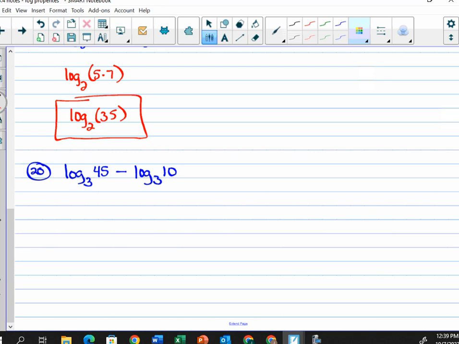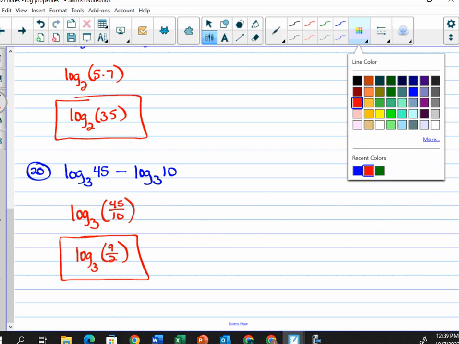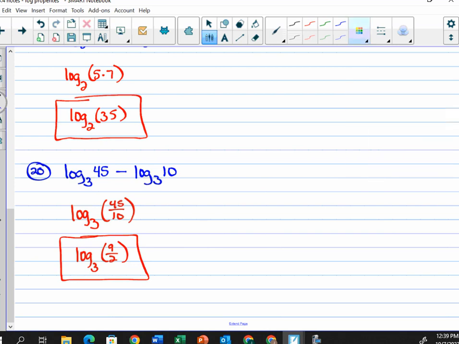We know that meant multiplication. What do you think subtraction? Yeah. So this is log base 3 of 45 over 10. And we could simplify that to log base 3 of 9 over 2. Questions on that one?